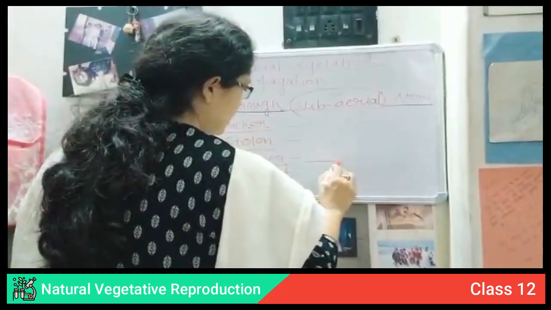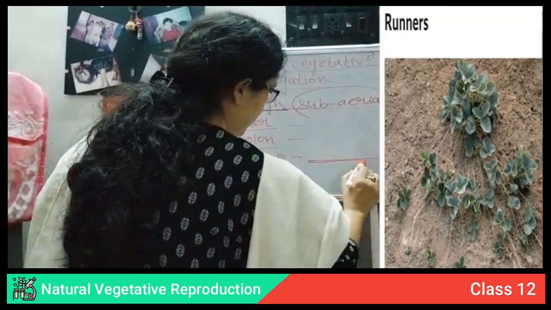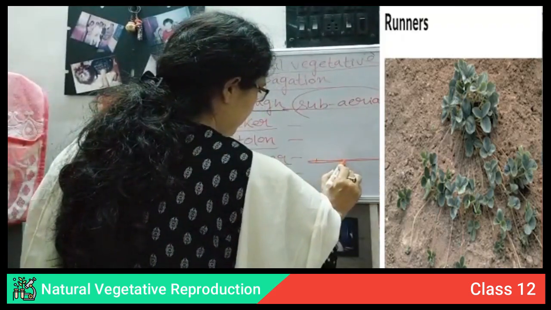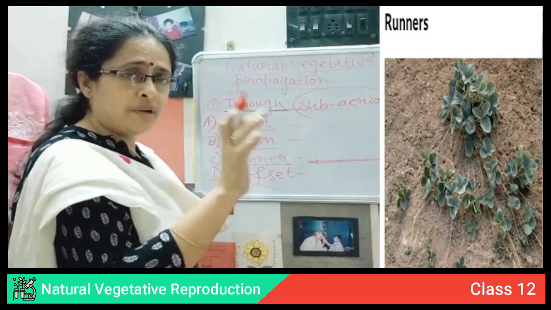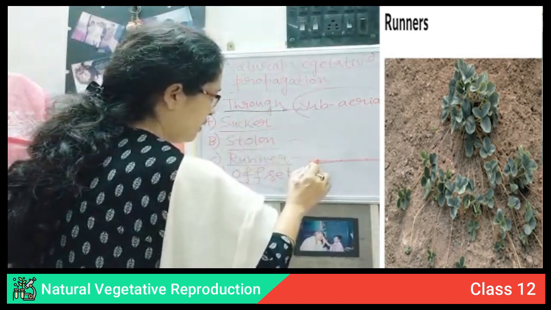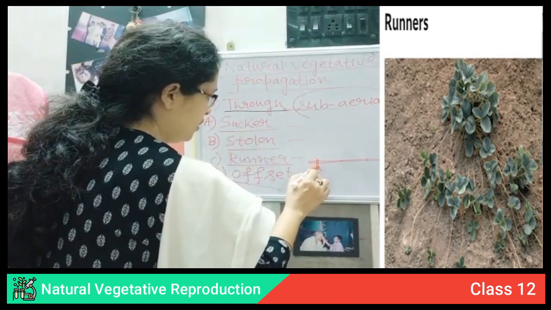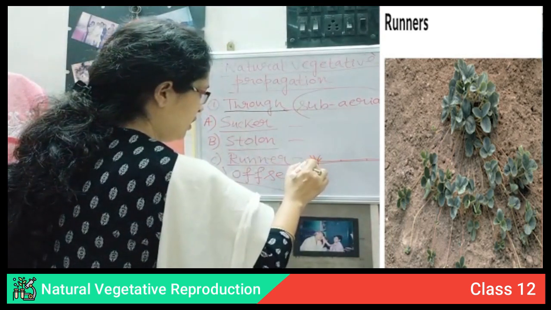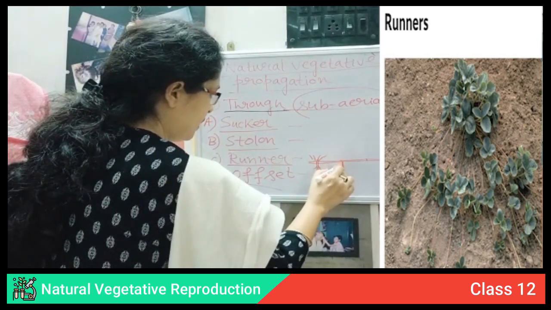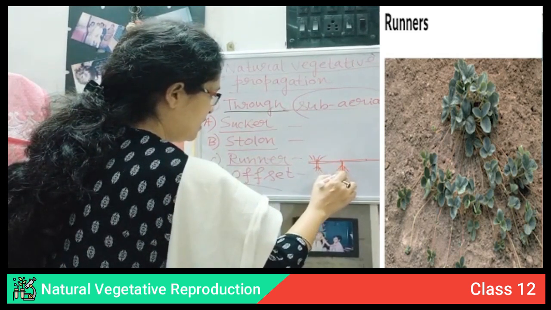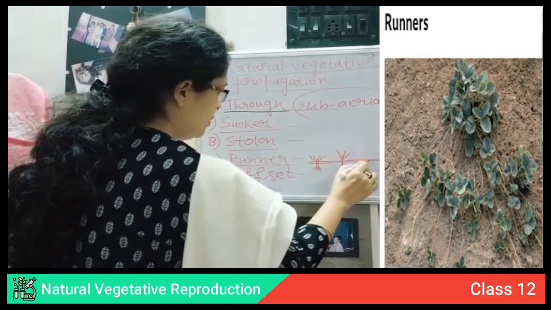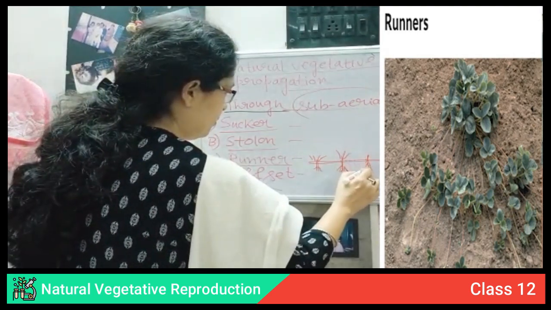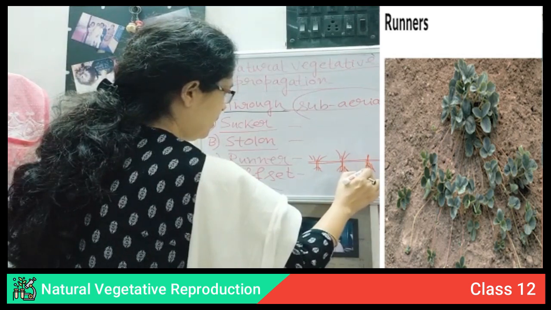Okay. Now, the fourth part, that is runner. Runner has long internodes. You know internodes? The portion of a stem between two nodes. And from each node, you see, first adventitious fibrous roots arise and then the plant part grows.